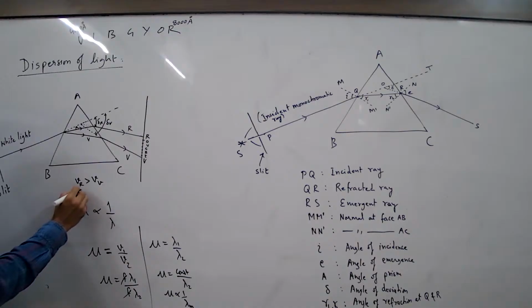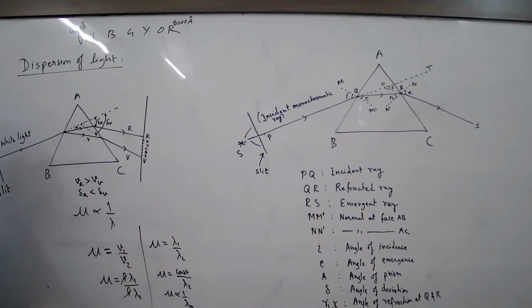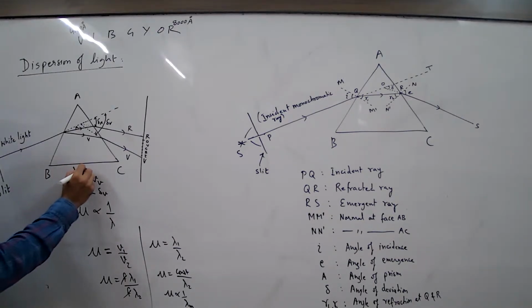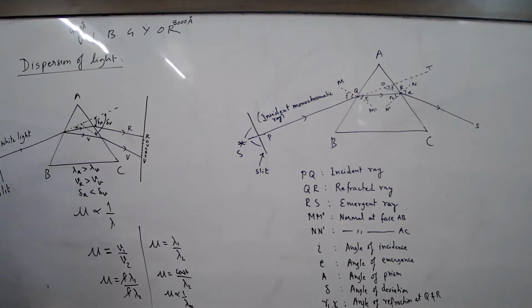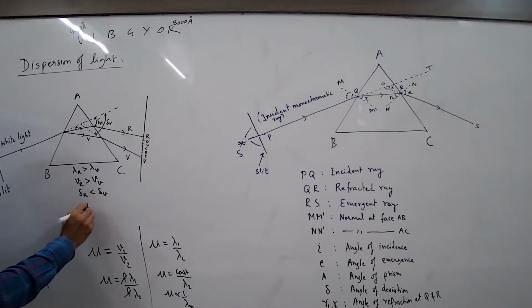What about deviation? Violet. What about wavelength? Red wavelength is more. Yes, this is how it is. That's it. What about refractive index then? The violet refractive index is greater.